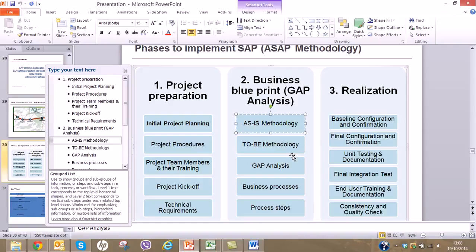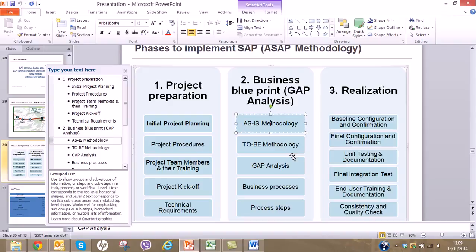You are telling me how your current business works. So as-is methodology is about how the current business works, and to-be methodology is what the business requirements are and what the business process will be according to SAP. Okay, so two sections you have to create, as-is and to-be.